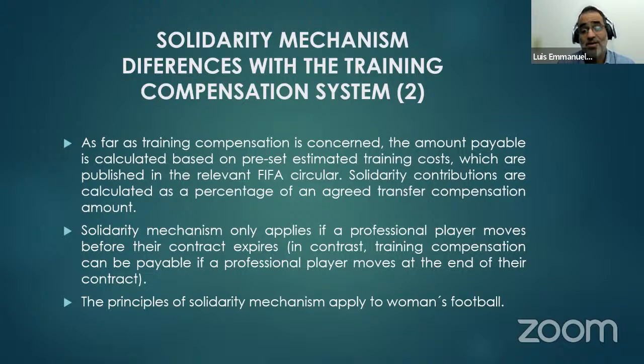On the contrary, solidarity contributions are calculated as a percentage of the transfer compensation amount, and the solidarity mechanism only applies to professional player moves before the contract expires. In contrast, training compensation can also be payable if a professional player moves at the end of their contract, that is, when they are a free agent.